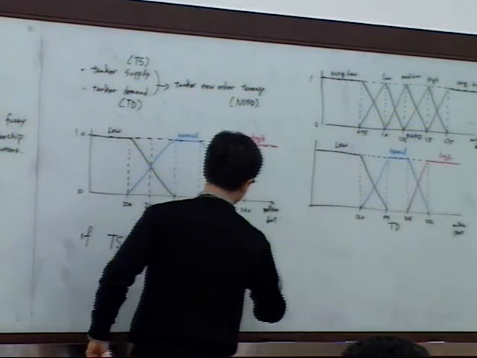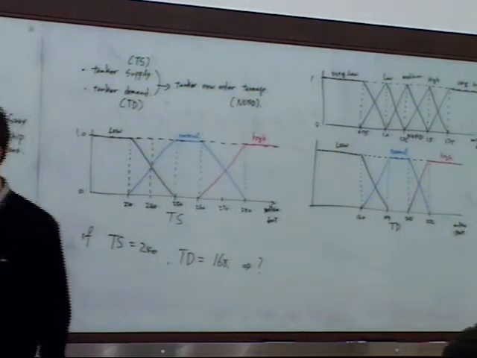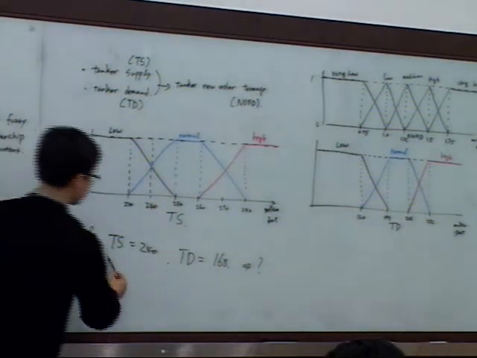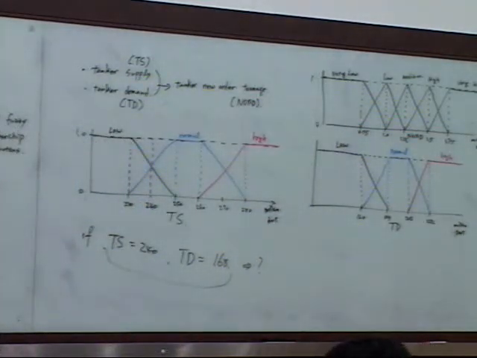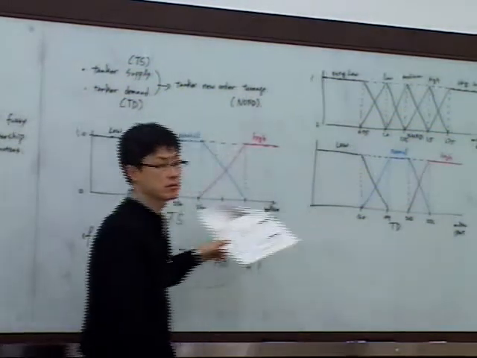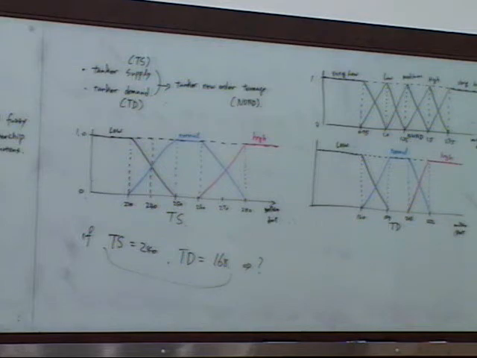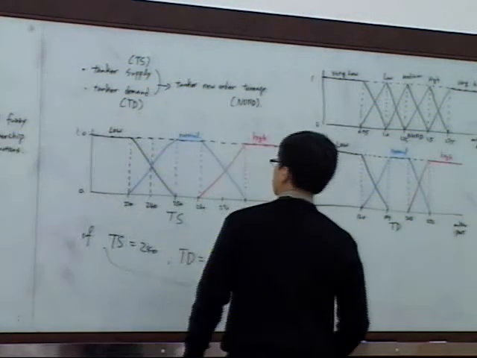How will our new order demand be? Okay, we have these 2 crisp inputs, right? And based on this membership function in the fuzzy system, we have to transform this crisp input to the fuzzy truth values. Okay?